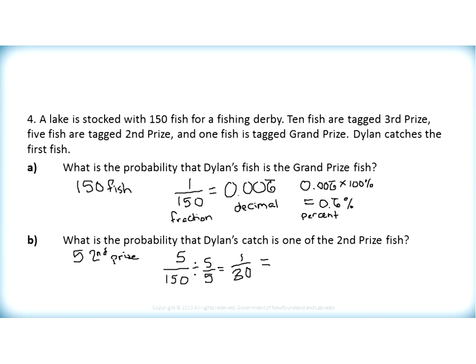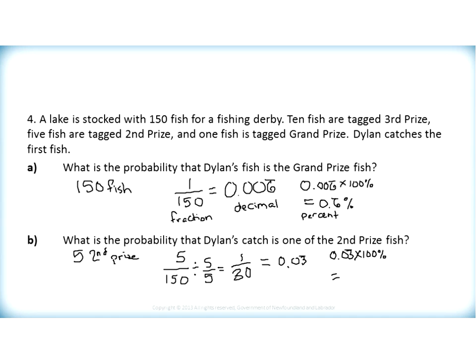To find that as a decimal representation, we take 1 divided by 30 on our calculator, and we get 0.03 repeating. So that's the decimal representation. To find out the percentage representation, we take 0.03 repeating, and we multiply it by 100, and again it's in units percent.